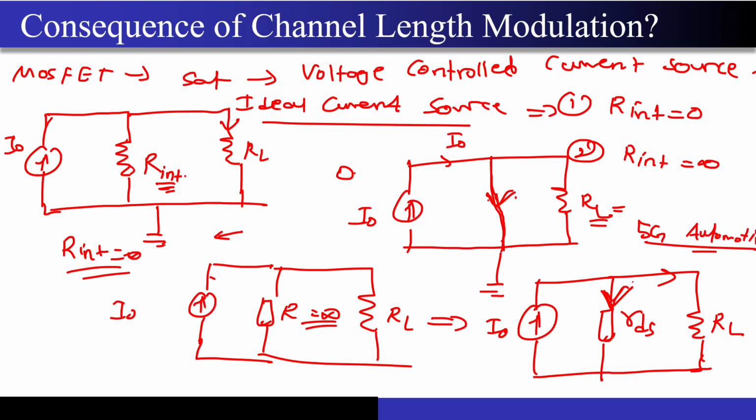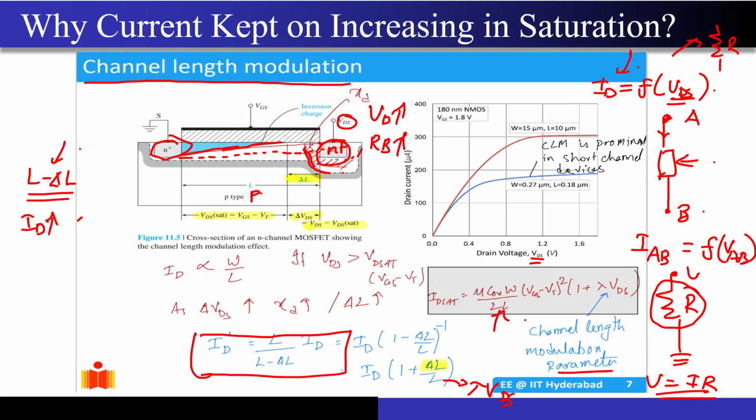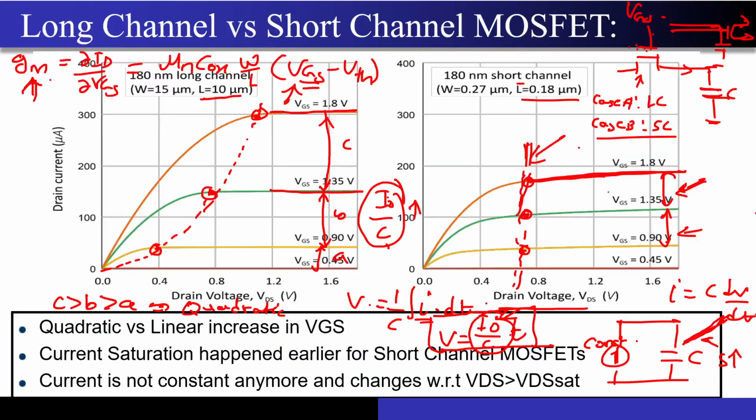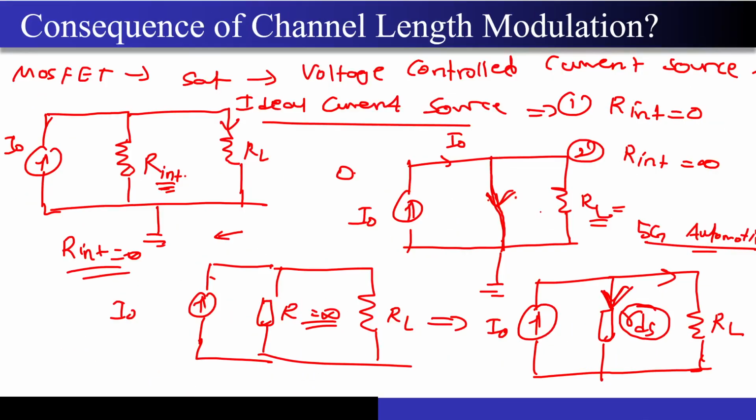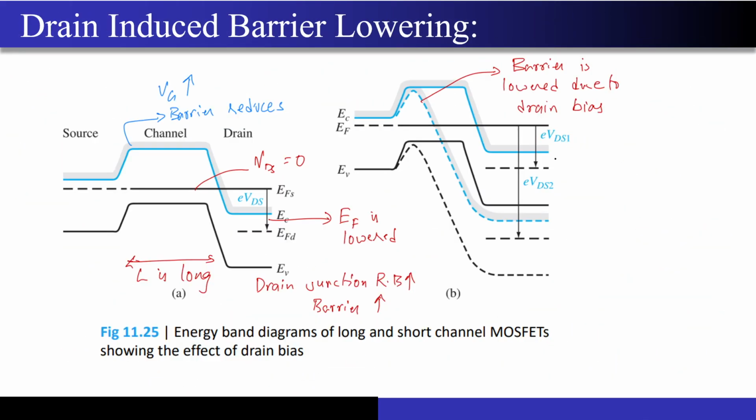If you take the circuit level course, you will see the consequence of this RDS. Okay, so we have solved all these three queries that we initially raised: why this current got saturated, is it a good phenomenon or a bad phenomenon, and why we have a slope which is increasing like this, correct? I hope till this point it is very much clear.